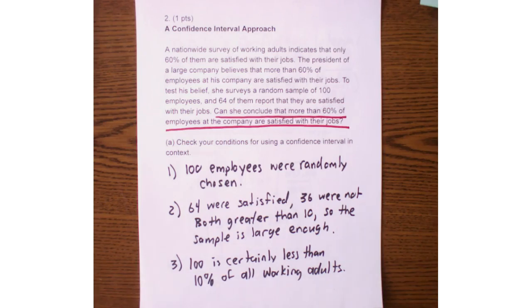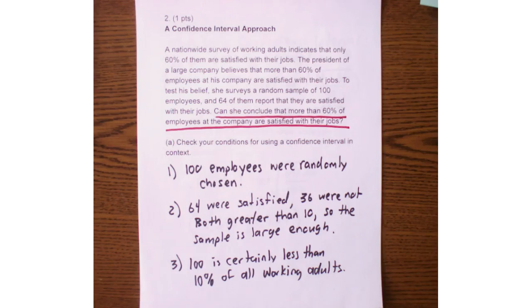So first things first, let's check our conditions for using a confidence interval in context. The first one: 100 employees were chosen at random, and it says so in the text above. In the sample of 100 employees, 64 of them said they were satisfied, which meant that 36 were not satisfied or something other than satisfied.